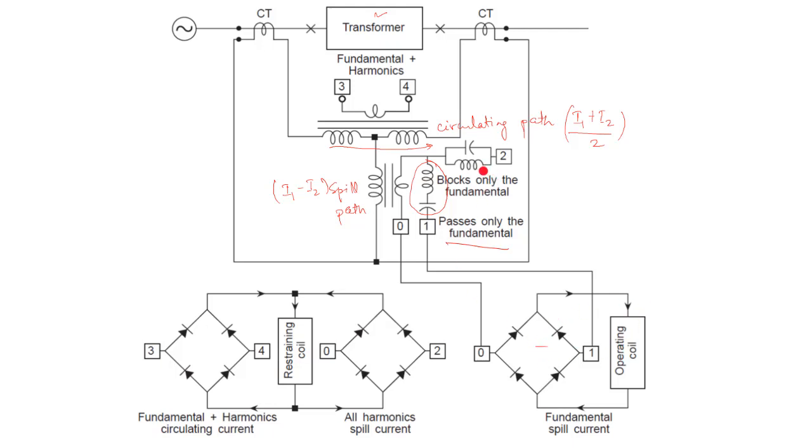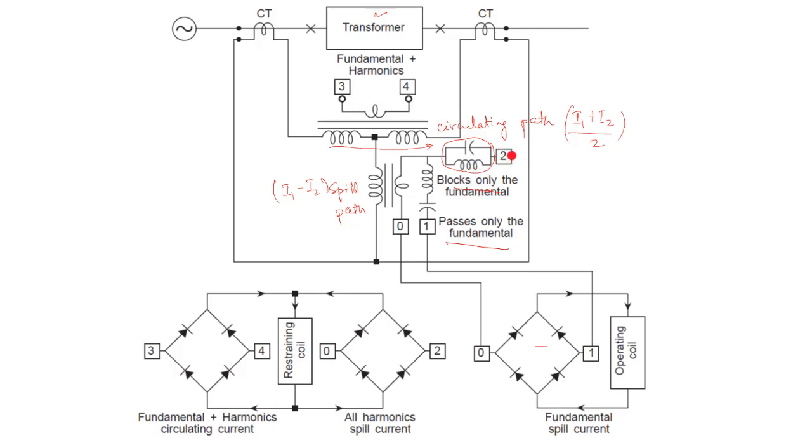Similarly, this is a filter which blocks only the fundamental component, because it is a parallel circuit of capacitance and inductance. As the current frequency becomes higher, the impedance path becomes less. So it passes only the harmonic content and blocks the fundamental component.